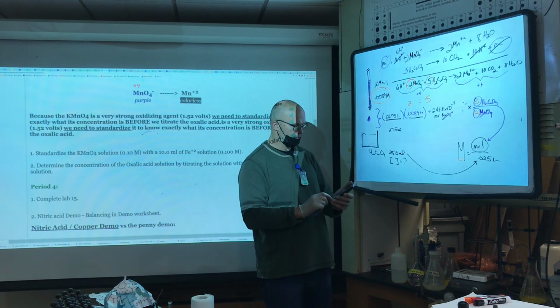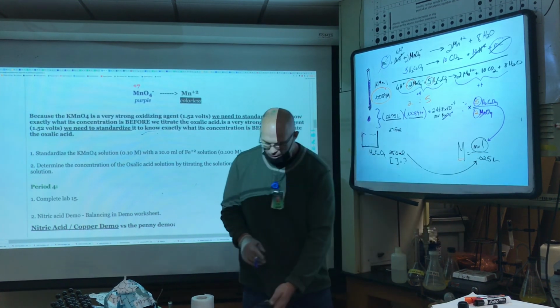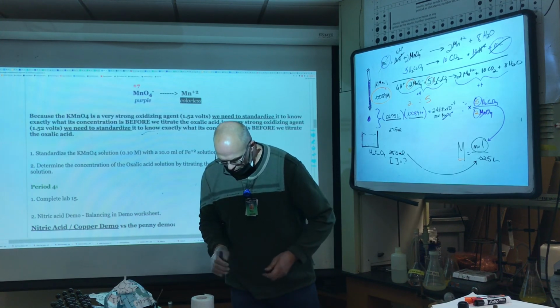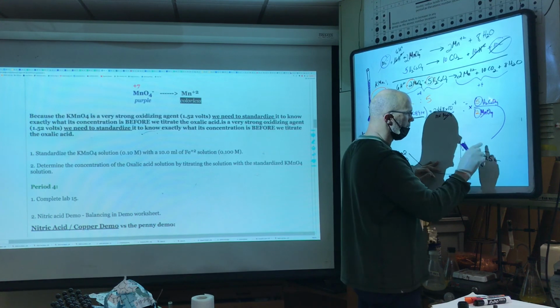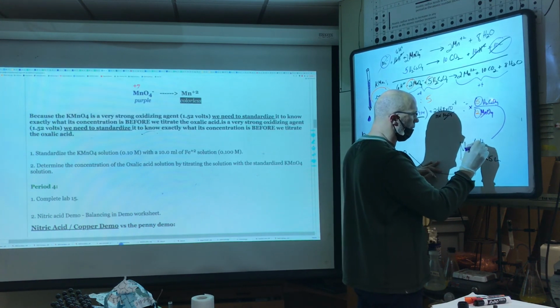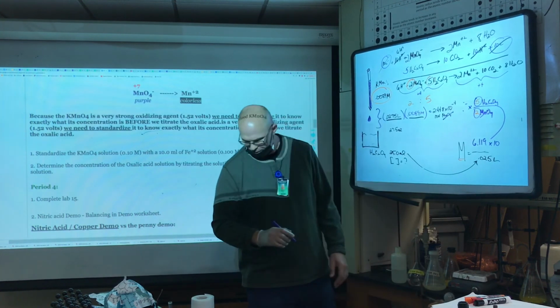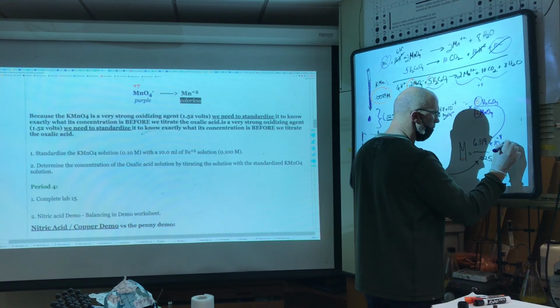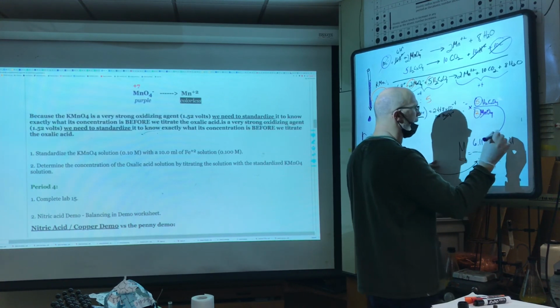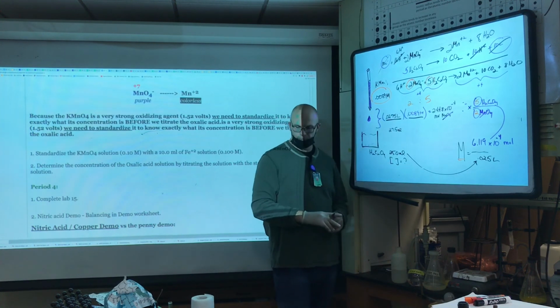Divide it by 2. And now, party people, I've got 6.119 times 10 to the negative 4 moles of oxalic acid. That's the whole point, I'm using the mole ratio.